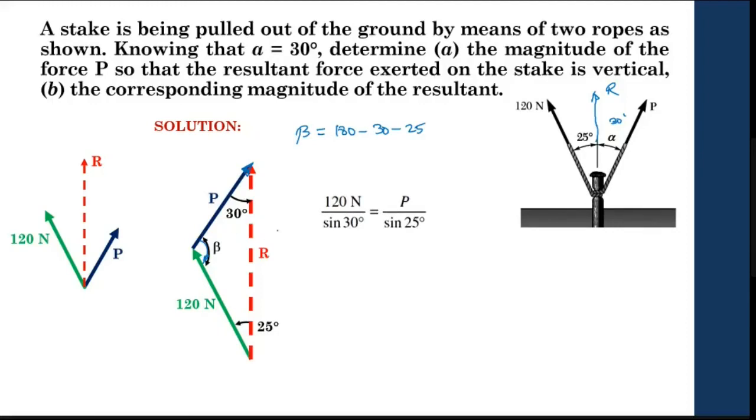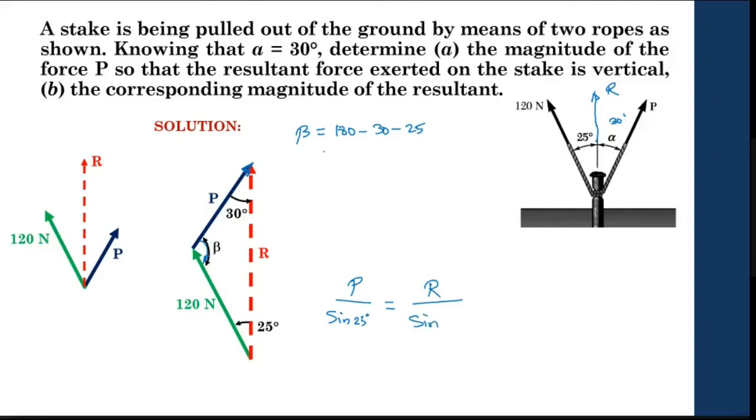So now I can use the formula. We discussed it. What did we discuss? We discussed, let P by the opposite angle. What is the opposite angle? Sine 25, right? So 25 degree. So P by sine 25 degree is equal to R by sine beta.